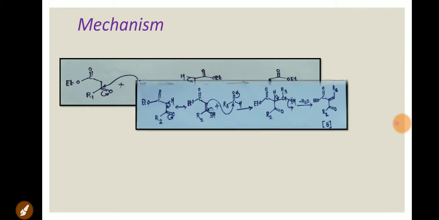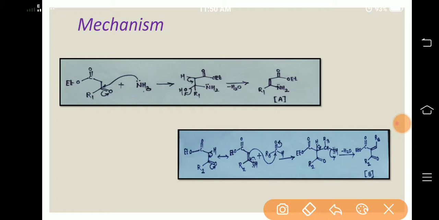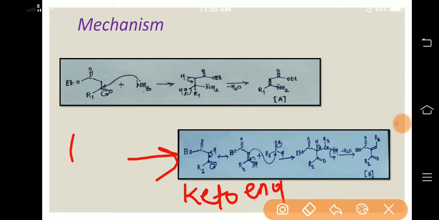In the second step, another molecule of beta keto ester is used. This beta keto ester generally is in the keto form, which can also be converted into enol form. Enol form, that is carbon double bond having alcohol.